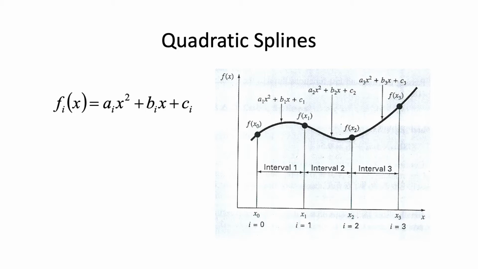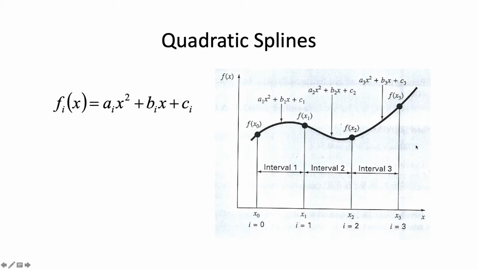For n plus 1 data points, there are n intervals and consequently 3n unknown constants to evaluate. Therefore, 3n equations or conditions are required to evaluate the unknowns. In this case, you have 1, 2, 3, 4 data points, so you have n plus 1 equals 4 data points.